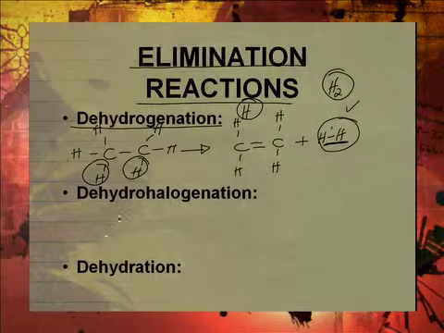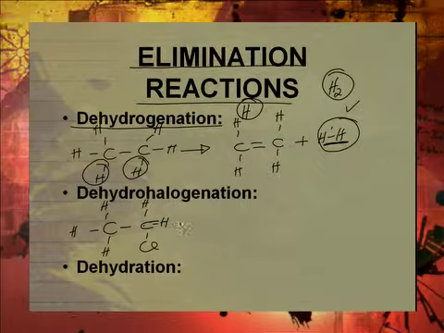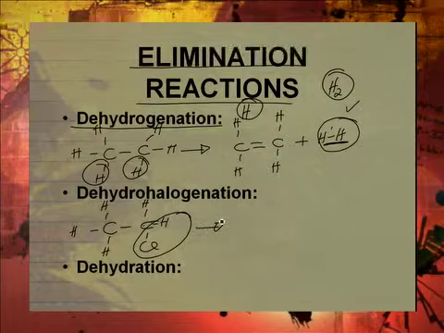Dehydrohalogenation, it's the reverse of what we have looked at, like we have seen here. Look at that. You need to have a haloalkane in the first place. Okay, so let's make use of that one. And if you remove that, it's dehydrohalogenation.